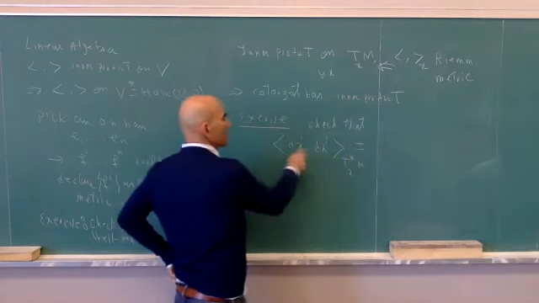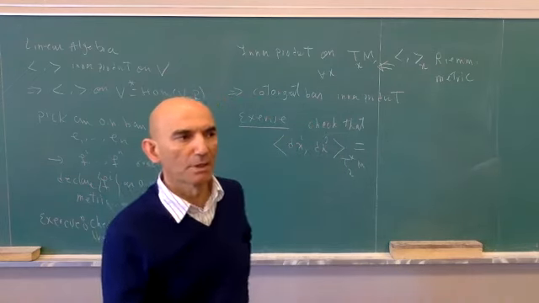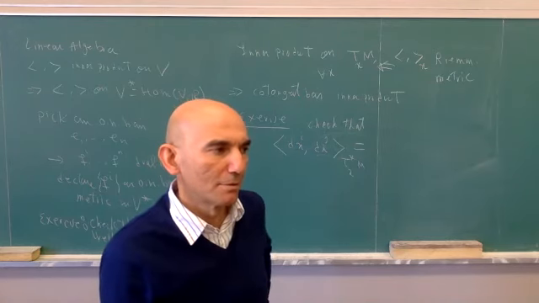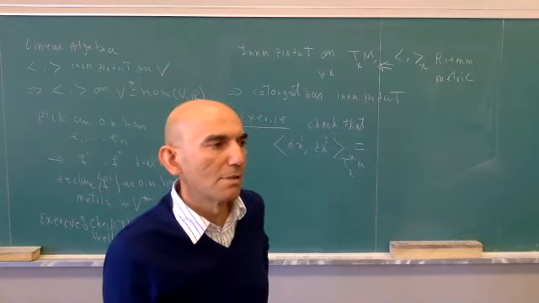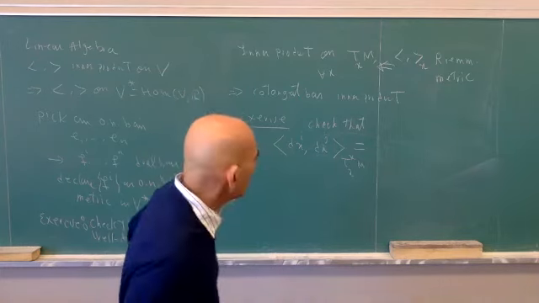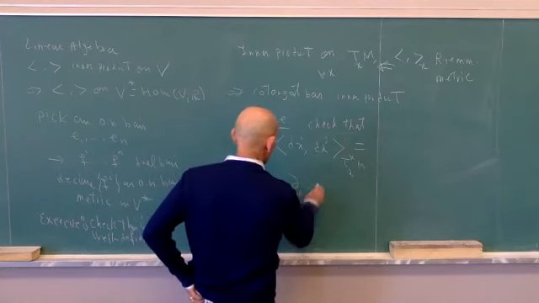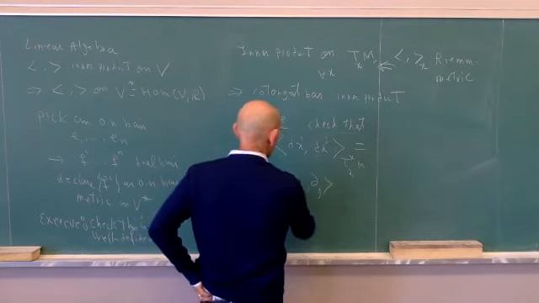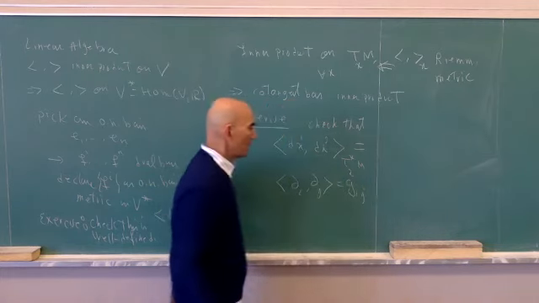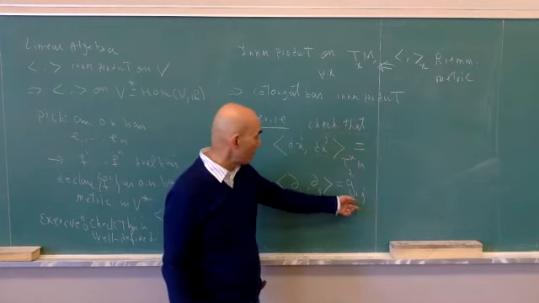What do you think is the value of these two basis vectors in the new inner product on T star? Remember, the value of this guy is Gij. That's how we define Gij, right?